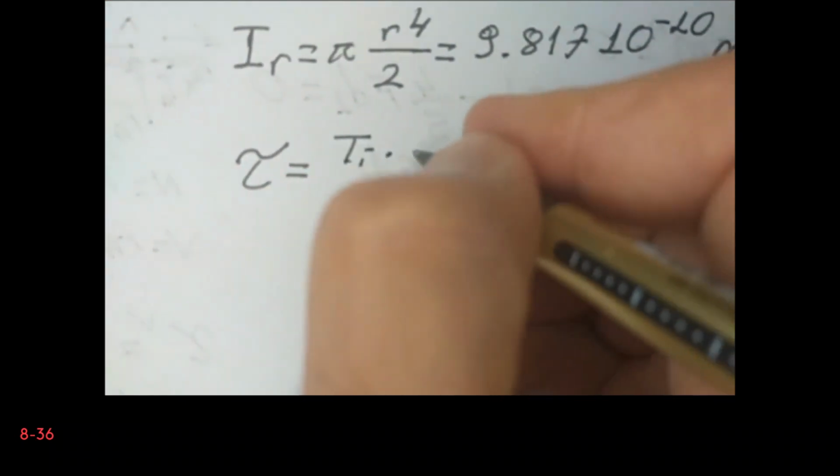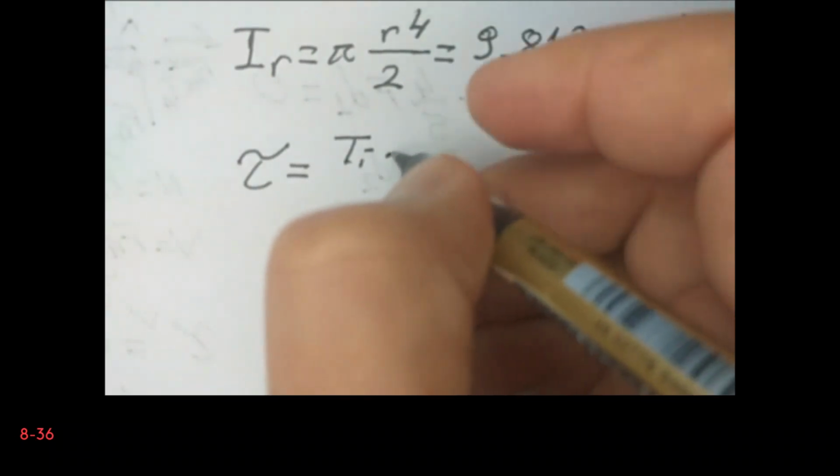Now we can calculate the shear stress due to the torsion. So shear stress due to the torsion is equal to, at point A, Ti multiplied by distance from the center, it is r, divided by IR.